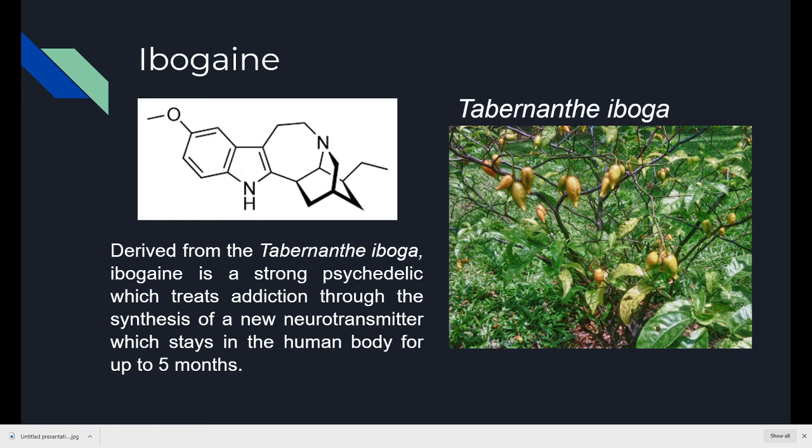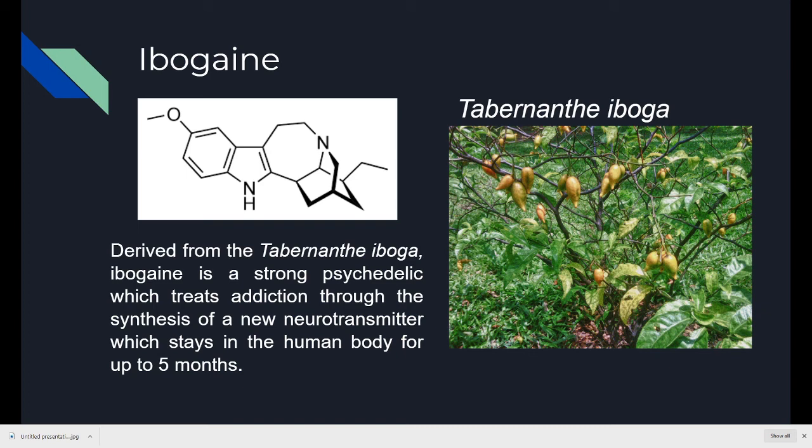And that's really interesting. This novel neurotransmitter also stays in the body and is produced for up to 5 months, taking people through their most horrible times with addiction, the first 5 months.